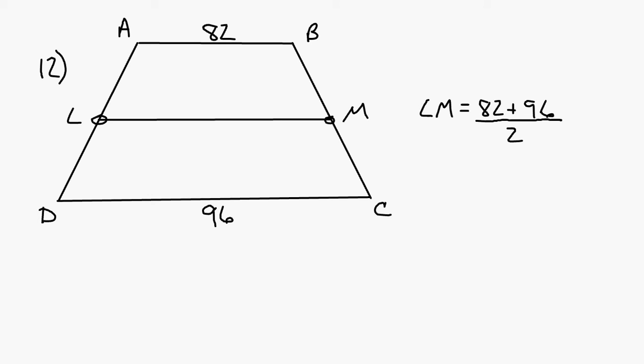Nope, you're going to take 82 and add it to 96. So it's this side plus this side divided by 2 will give you this length. Oh, okay. So the difference in the 2 is 14. Half of 14 is 7 plus 89.